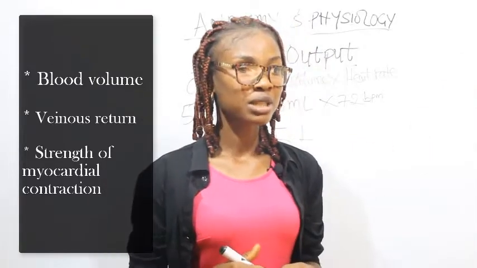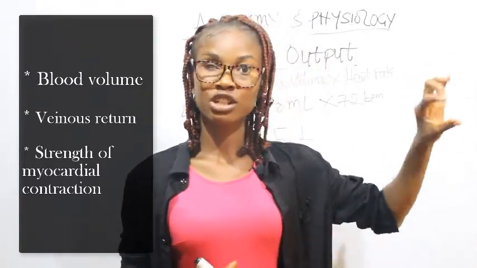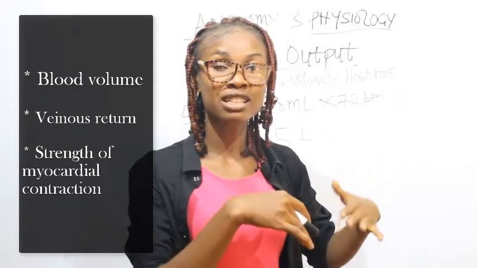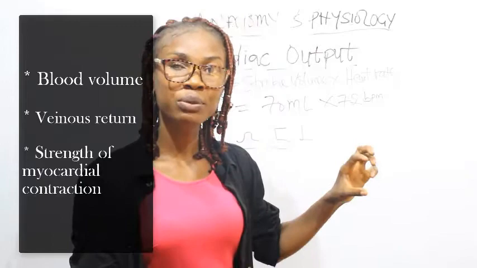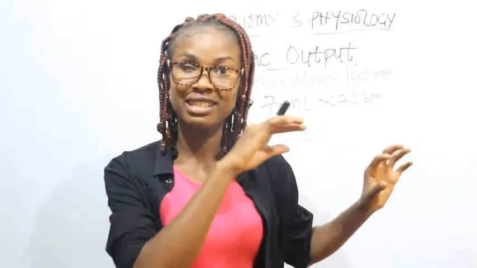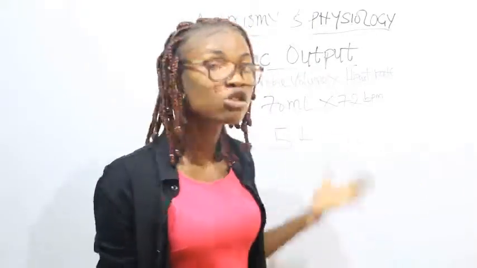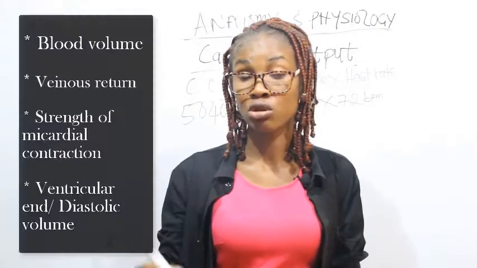you would agree with me that contraction of the atria is to complete ventricular filling. Now, if the atria doesn't contract when these impulses are being sent, it will affect stroke volume. Another one I would like to talk about is the ventricular end-diastolic volume.